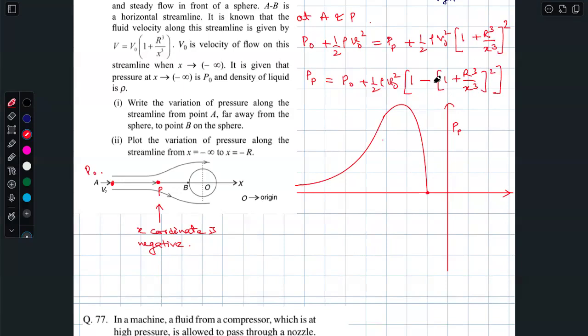The entire term will vanish. So P at x equals r becomes P naught plus half rho V naught square. And at some point, pressure might be 0 also. You will face it somewhere here.